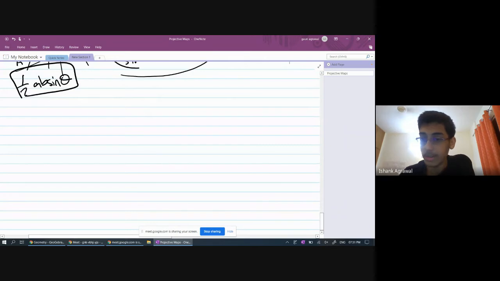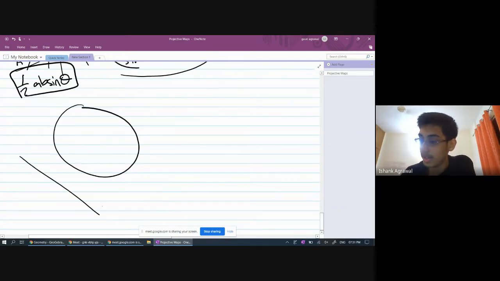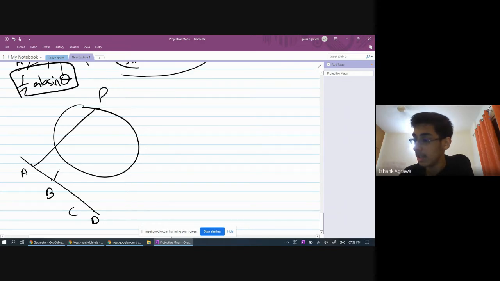So another perspective map that I'll just briefly go into is that if you have points A, B, C, D, take any point P, let those intersections be A dash, B dash, C dash, D dash.